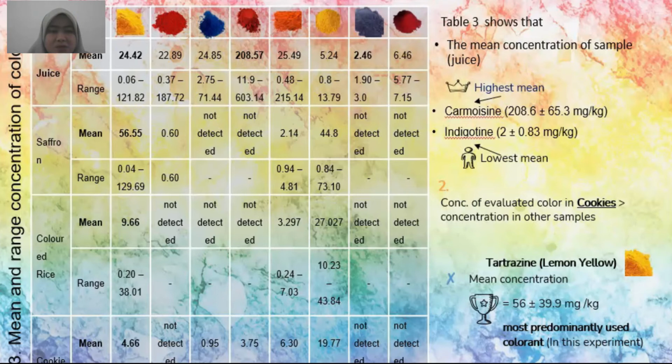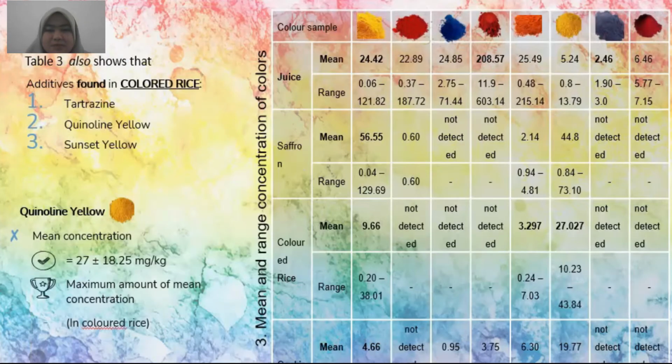The concentration of equivalent color in cookies was higher than the concentration in other samples. So tartrazine, lemon yellow, had the highest mean concentration and was the most predominantly used color in this experiment, with a value of 56 plus minus 39.9 mg.